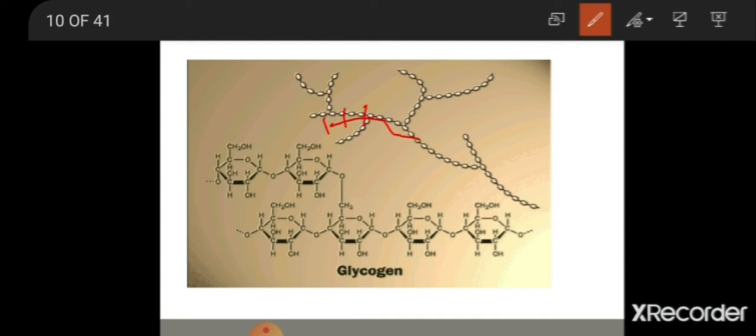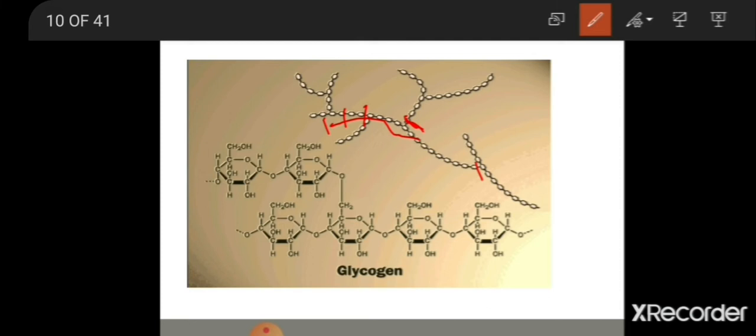Now when this chain is lengthened to 11 to 12 glucose residues, what happens? The branching enzyme removes a block of 6 to 8 glucose residues from this chain to another site on the growing molecule. That creates a branch point. Here you can see a branch point, and at the branch point, the linkage is alpha 1,6.